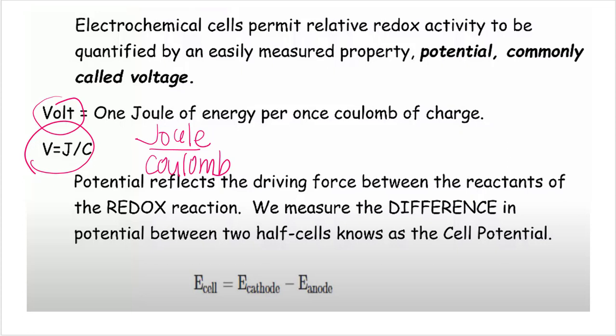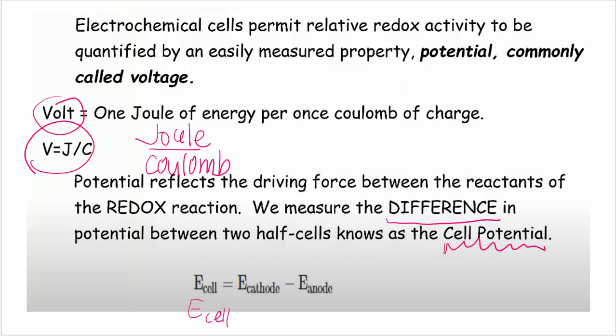On this slide, I'm really understanding what potential means. Potential between two half cells is the difference in voltage, generating a current, and that potential reflects a driving force between the reactants of our redox. We measure a difference from one side to the other side, and those two half cells call it cell potential. The E cell is the voltage of a cell. A cell consists of two halves, doesn't it? We have the cathode and the anode.